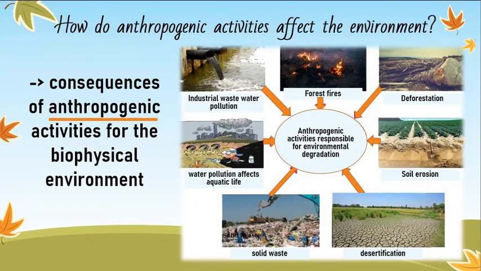Humans impact the physical environment in many ways. Overpopulation, burning fossil fuels and deforestation, changes like this have triggered climate change, soil erosion, poor air quality, and undrinkable water, just like what's in this diagram.